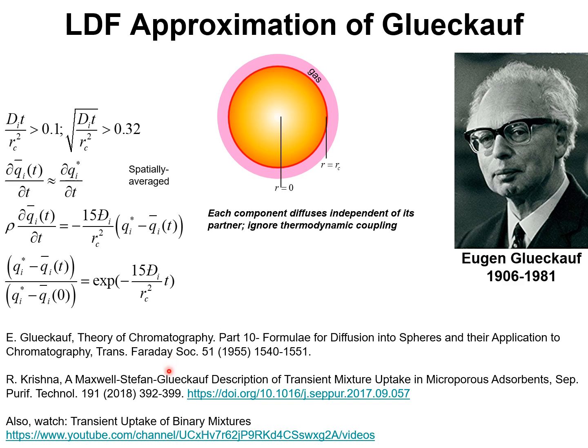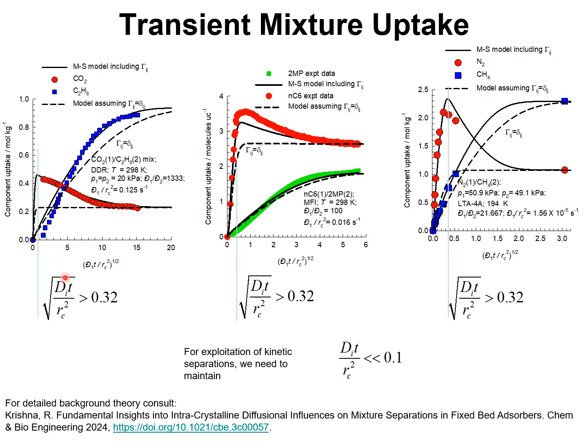So the question I ask here is, is this Glueckauf approximation good enough for kinetic separations? In this slide, I compare experimental data of transient uptake of binary mixtures in 3 different adsorbents.